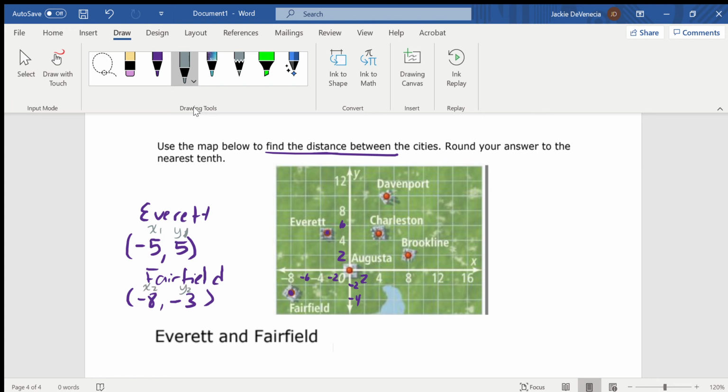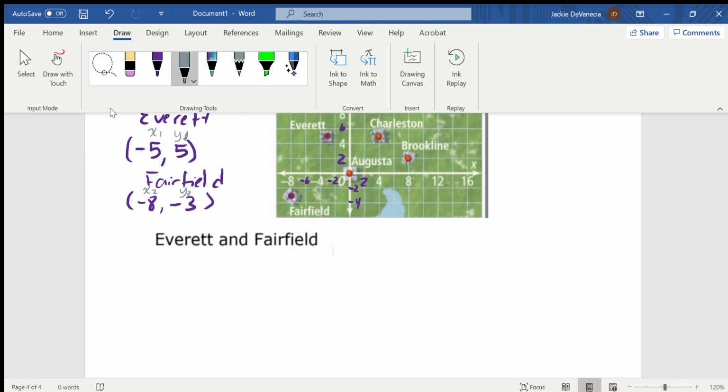So these will be the values I'm going to plug into my distance formula. And again, you want to get in the habit of writing your distance formula so you can remember it. Your distance formula will not be given to you, as also the midpoint formula will not be given to you. So you have x2 minus x1 squared plus y2 minus y1 squared.